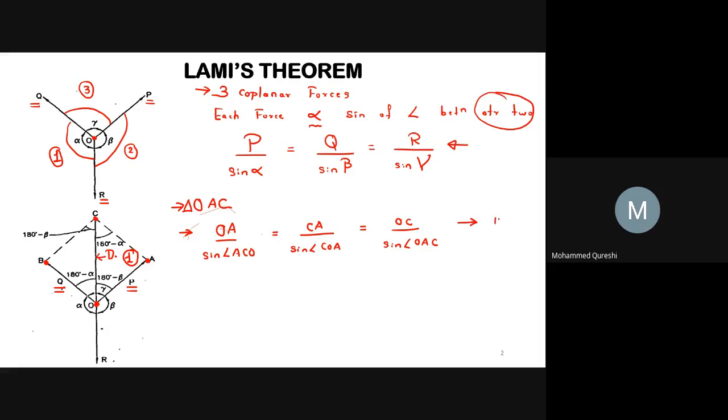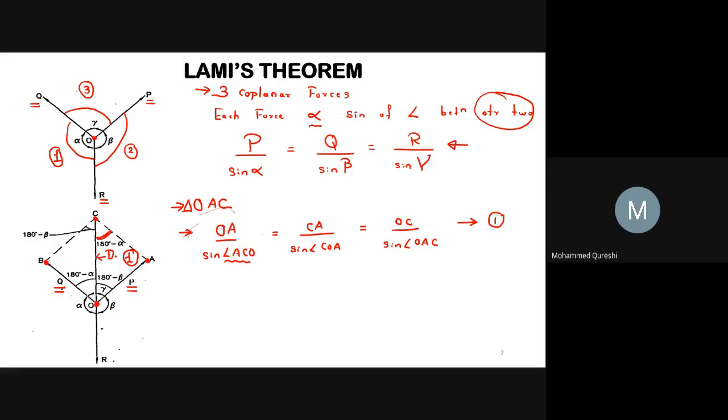Give this as equation number 1. Now, angle ACO will be equal to 180 minus alpha.